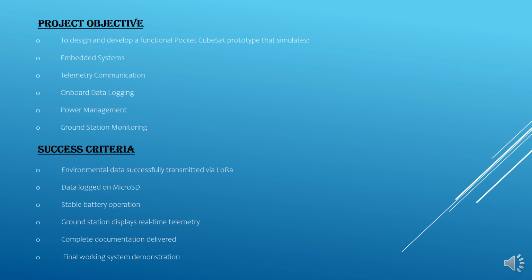Then the CubeSat must maintain stable battery operation. Then the ground station should display real-time telemetry data. Finally, we will deliver complete documentation and a working demonstration system.